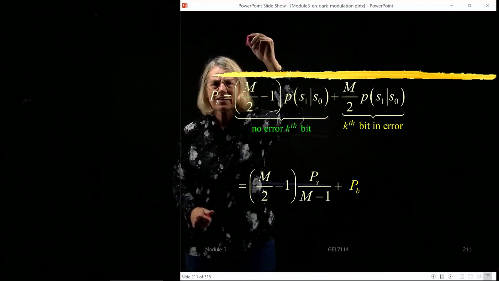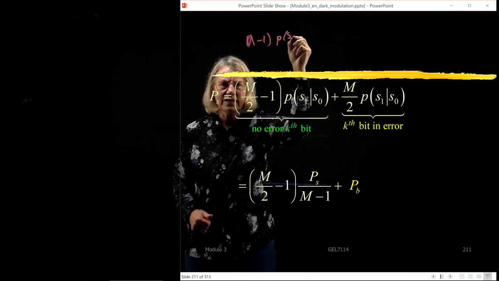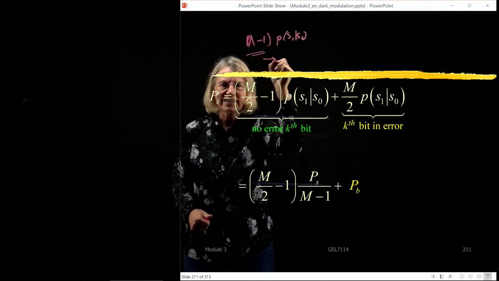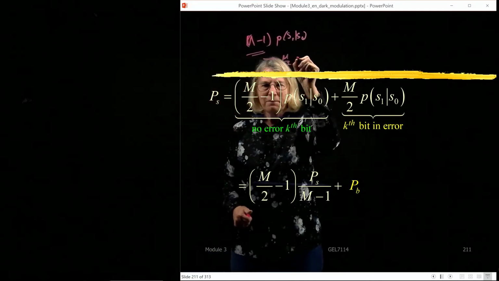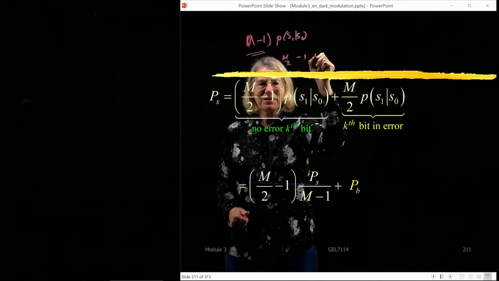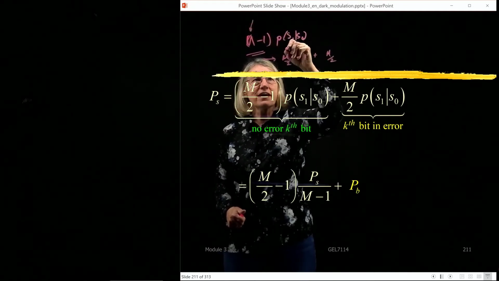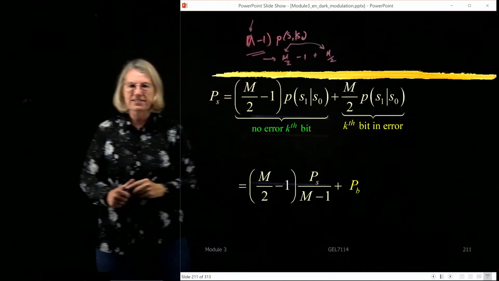So before it was m minus 1 times this probability. And now I'm going to take that m minus 1 and divide it into m over 2 minus 1 plus m over 2. So this m minus 1, I divided into an m over 2 minus 1 and an m over 2, right? So nothing fancy going on there.